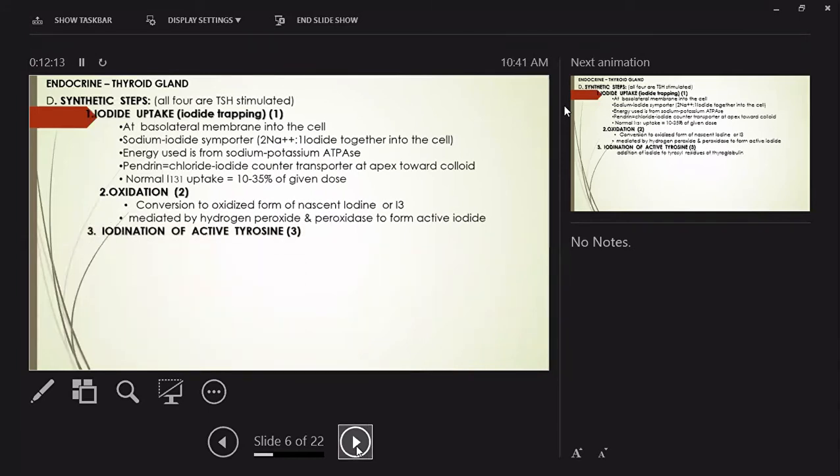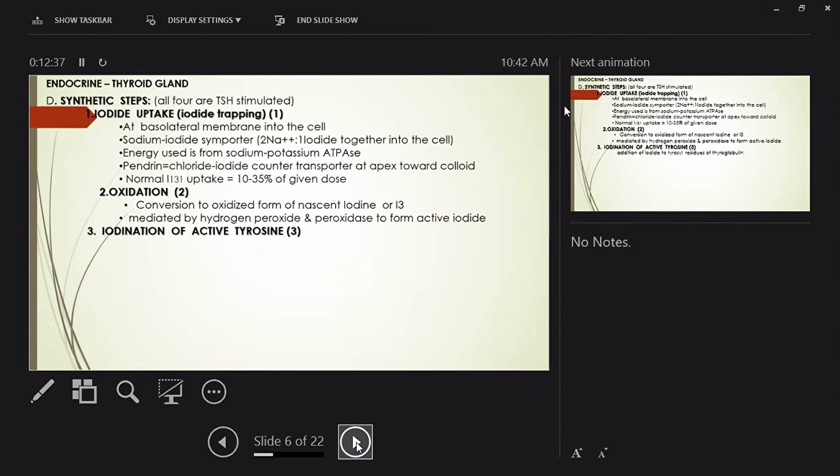Then iodination of your active tyrosine. Remember, tyrosine is the amino acid derivative of your thyroid hormone, okay? This is an amino acid derived hormone.